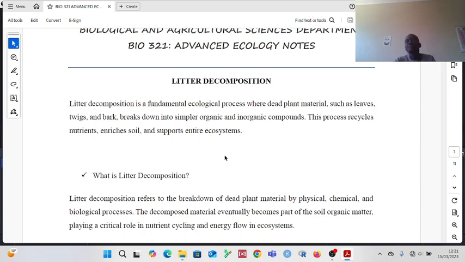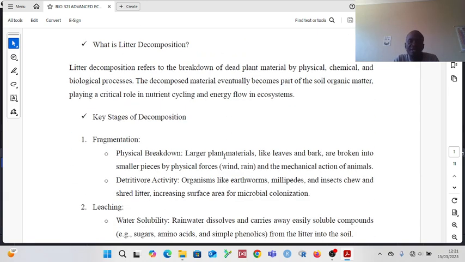Okay. So to begin with, let's define what this process of litter decomposition is. Litter decomposition refers to the breakdown of dead plant material. This breakdown might occur by physical or chemical or equally through biological processes.